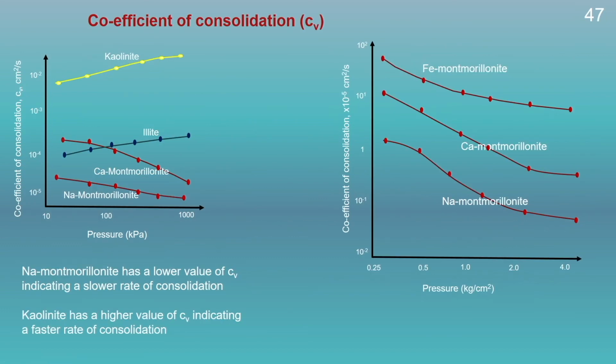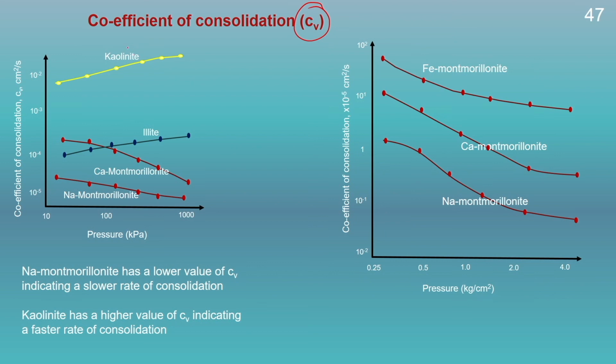Next, I will talk about the coefficient of consolidation. The coefficient of consolidation, which is generally denoted by the term Cv, indicates the rate of consolidation. Higher the Cv value, the faster will be the rate of consolidation, and the consolidation will take place quickly.